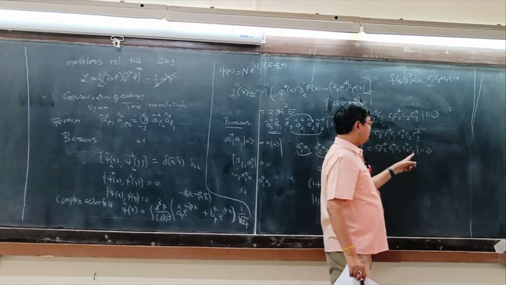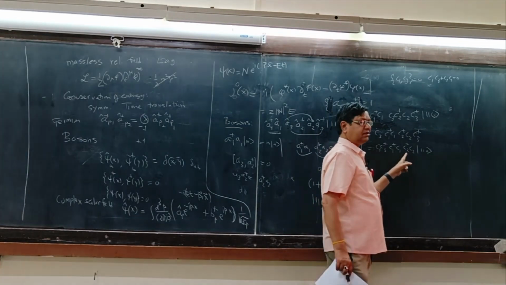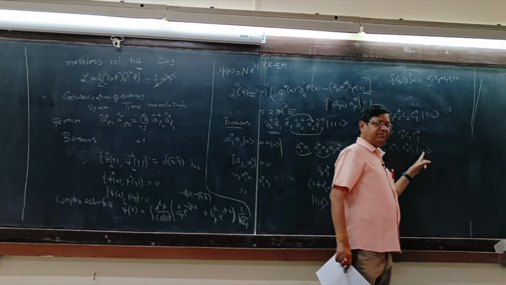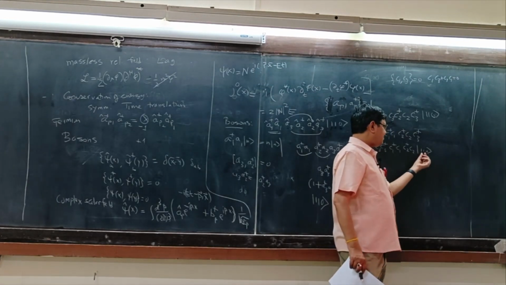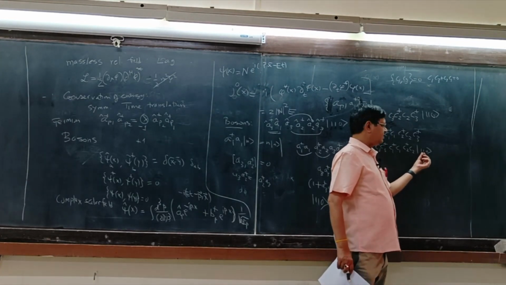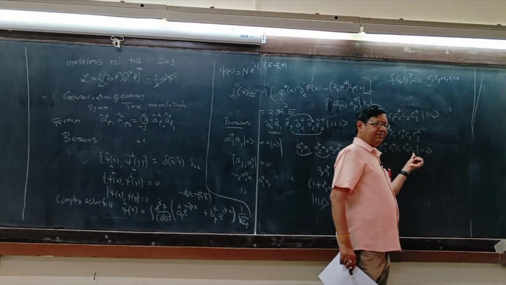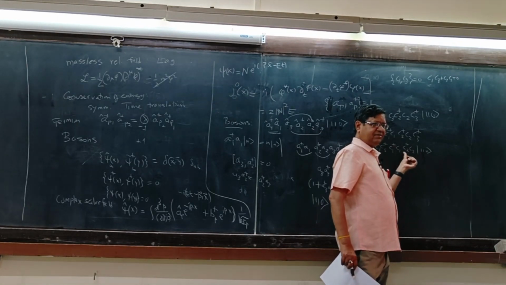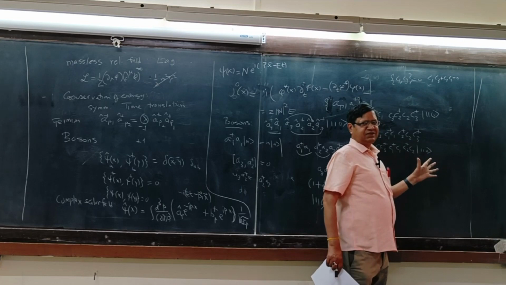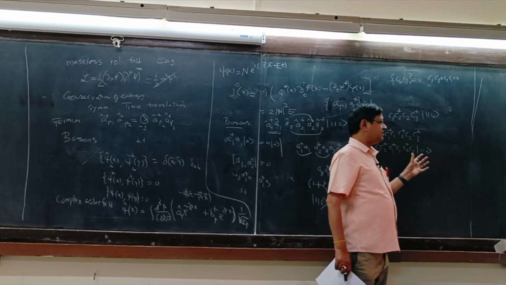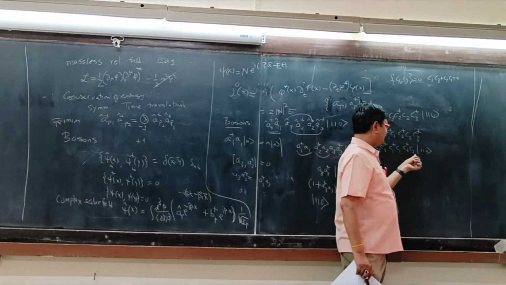Now it is in a nice form. So what about C2 dagger, C2? So this is 1 here, right? The one particle with momentum 2. So this will destroy and create. So it remains unchanged.